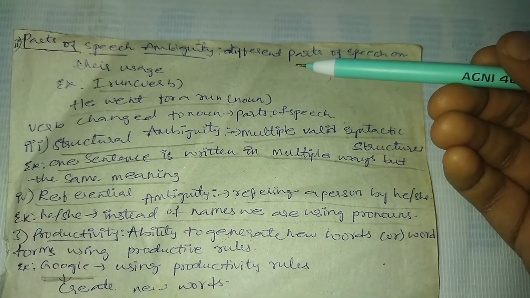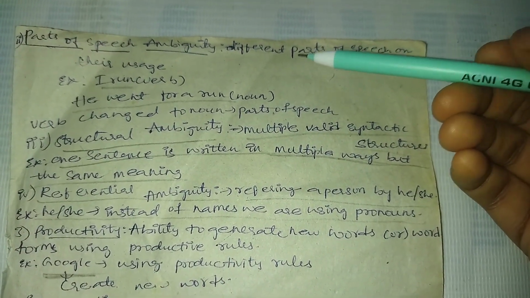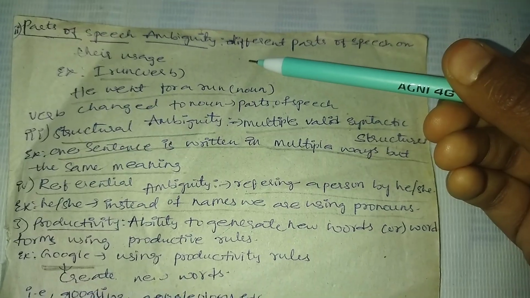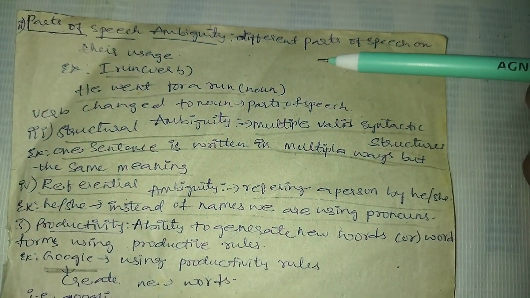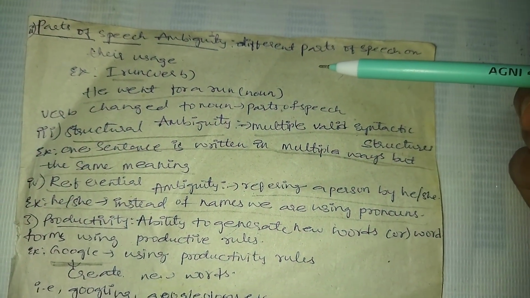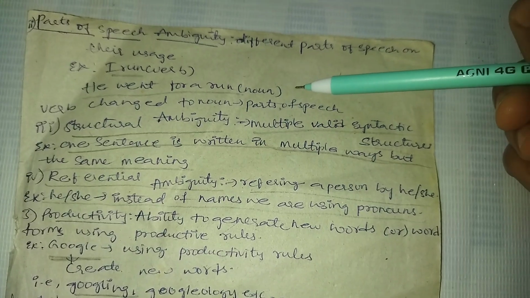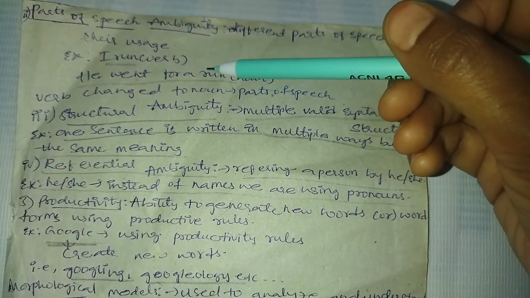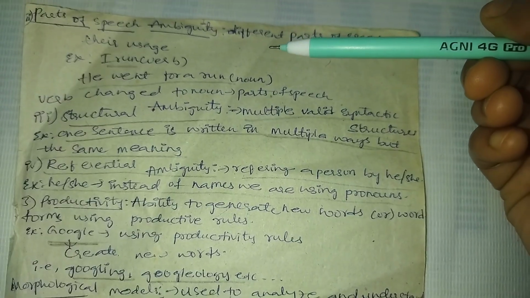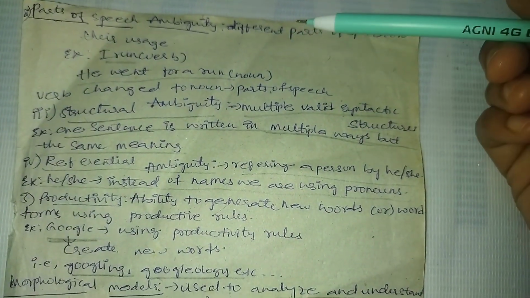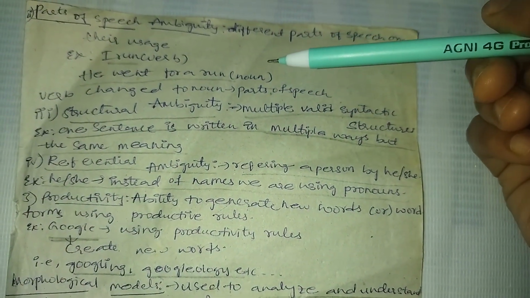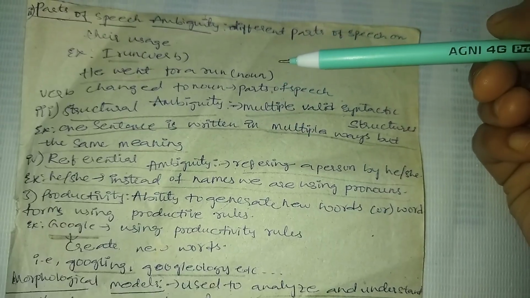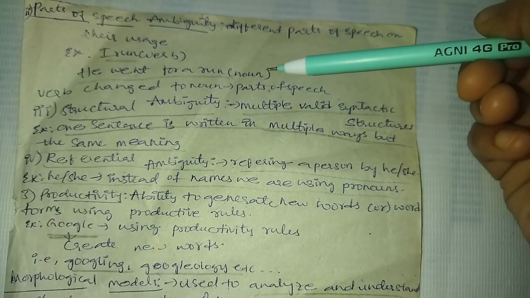The second type of ambiguity is parts of speech ambiguity. Different parts of speech with their uses fall under this ambiguity concept. I run is a verb. He went for a run. Here the word run is the same, but we use it as two different parts of speech.